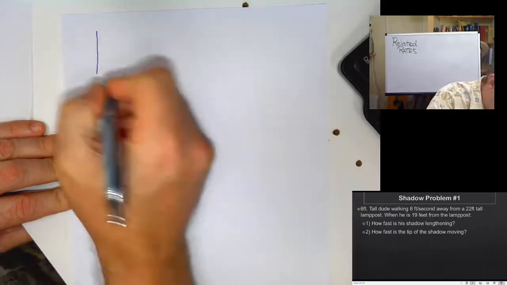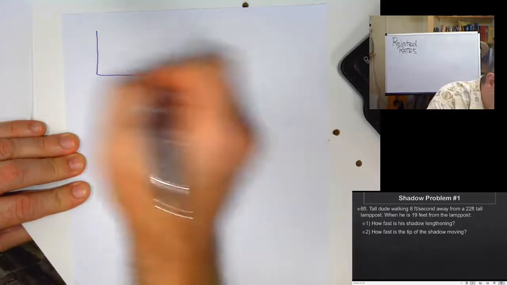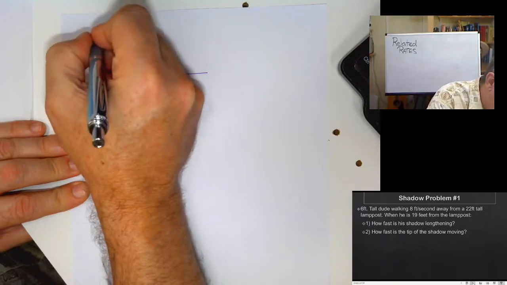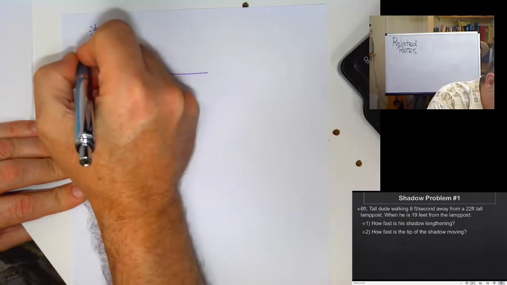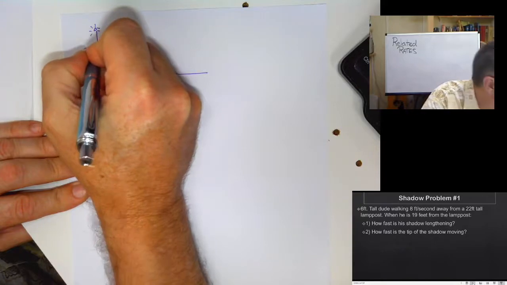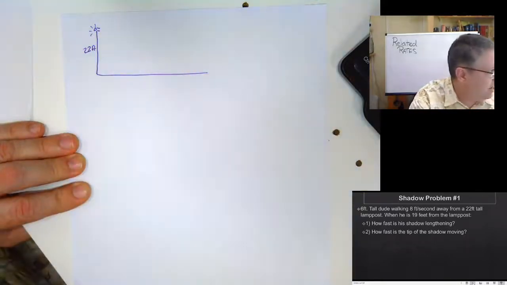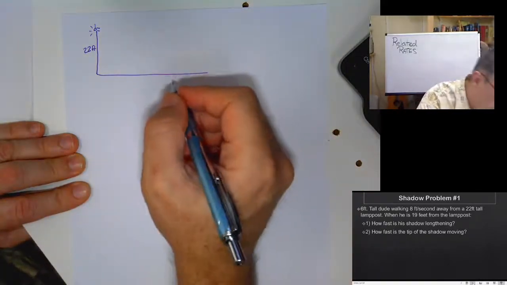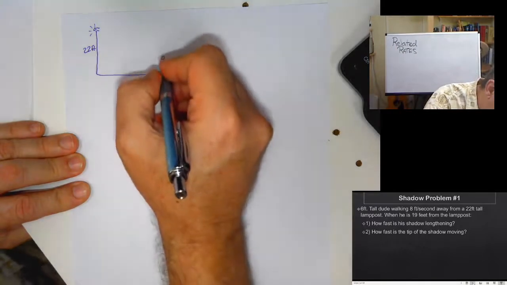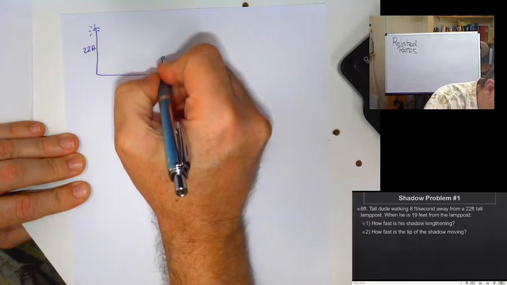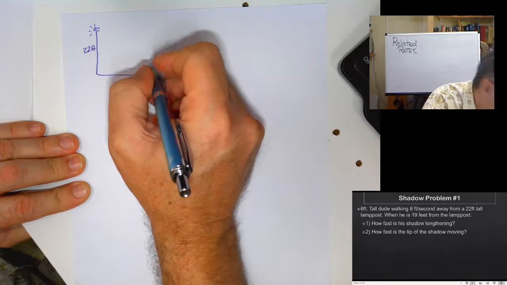We've got a lamppost, and the lamppost is shining, and that's a 22-foot tall lamppost. And then we have a dude, could be an alien, could be anything, could be a chick. And this person is 6 feet tall.